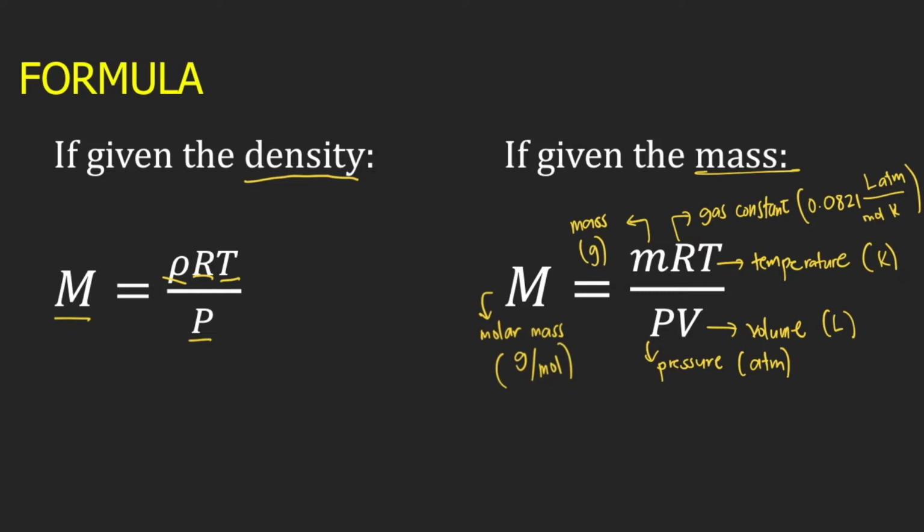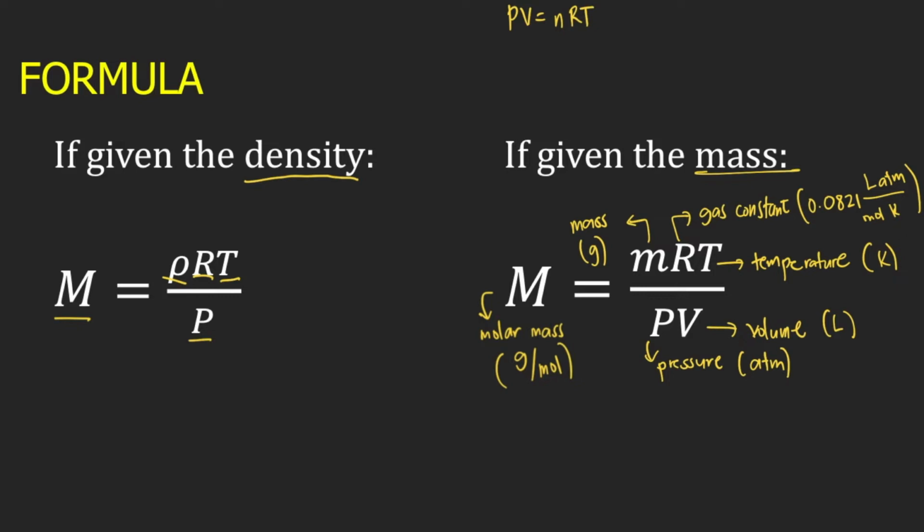Now, if you're wondering how we derived this equation for the molar mass, I'll show you quickly how it was derived. In deriving this equation, we start with the ideal gas equation, PV equals nRT.